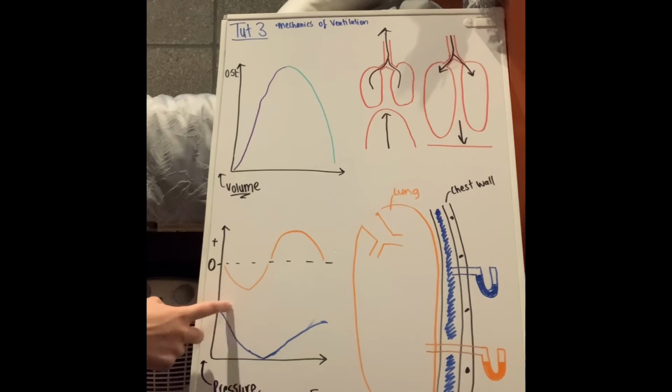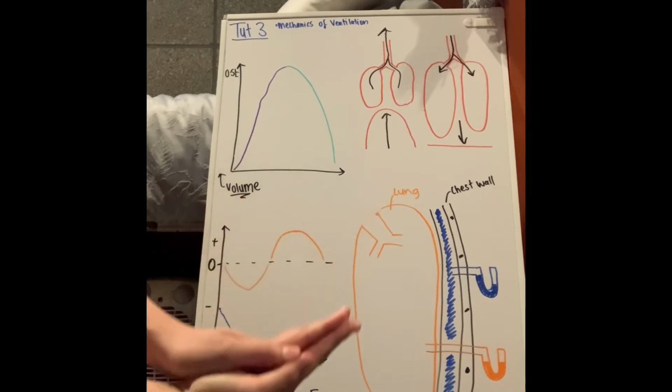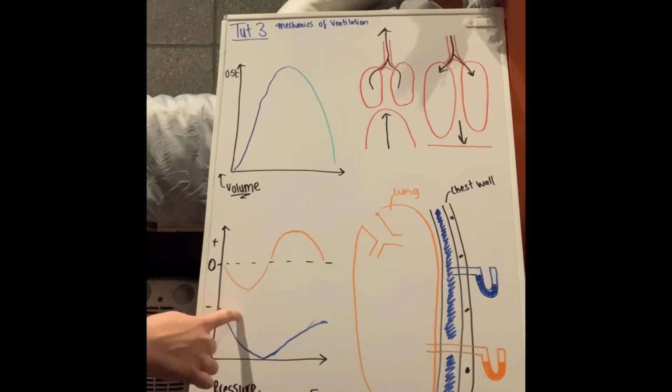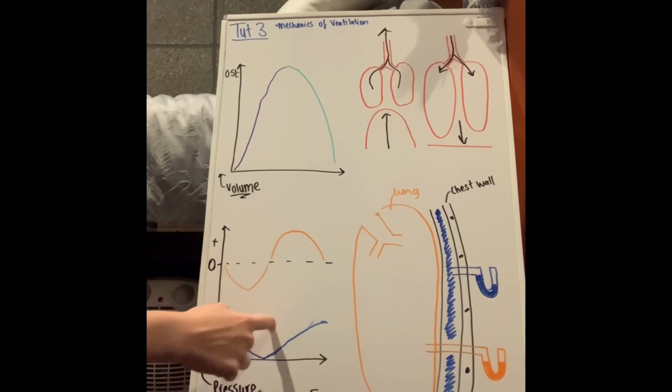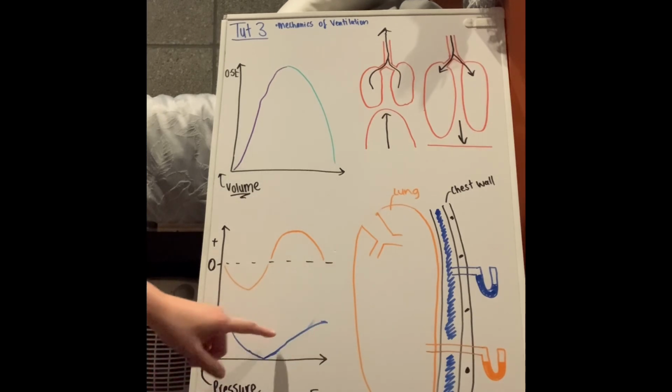That's why it starts at negative and then becomes more negative, because it's pulling down, increasing the volume within this pleural cavity, which we know increases area, decreases pressure. So a decrease in pressure, and then on this side, an increase in pressure, so it becomes less negative, more negative, less negative.